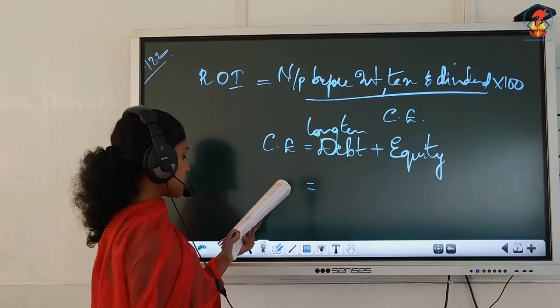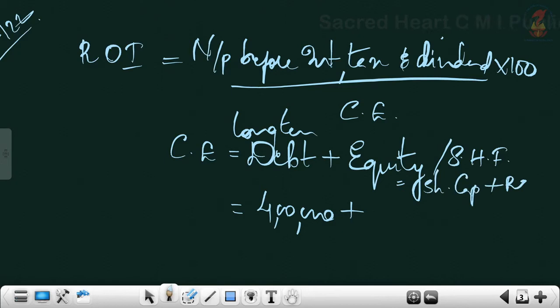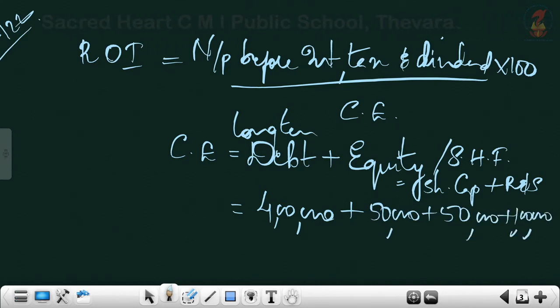So here debt we have 4 lakhs and equity, equity means shareholders fund, that is share capital plus reserves and surplus. Here we have share capital, both equity and preference, both you have to take 50,000 plus 50,000. Then reserves and surplus is given 1 lakh. So altogether your capital employed will be now equal to rupees 6 lakh.